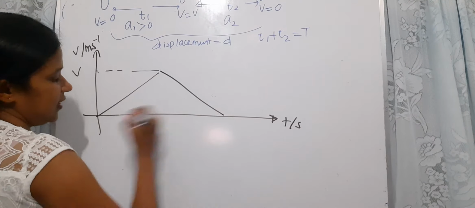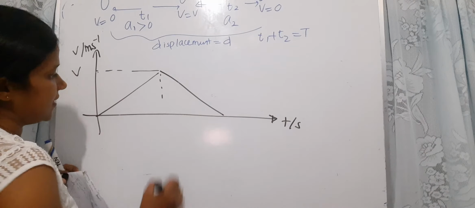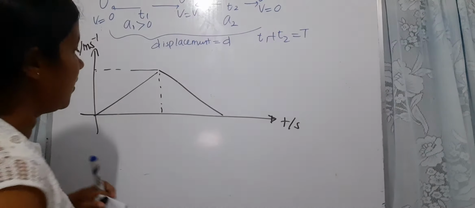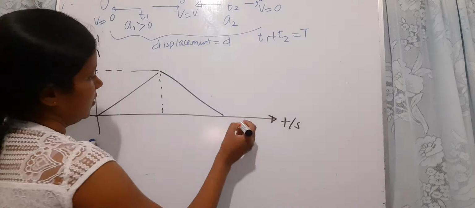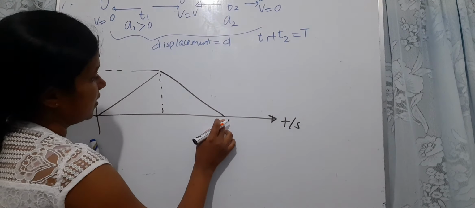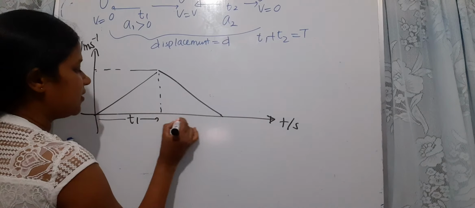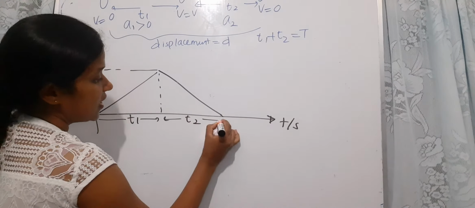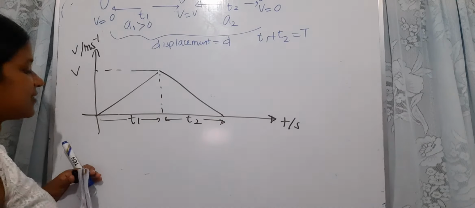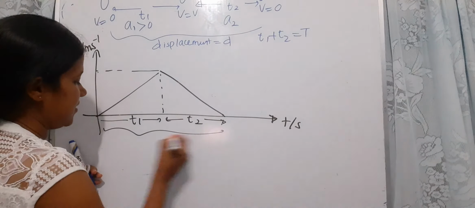Then it completes its journey with a retardation. Then velocity here is 0. This time duration is t1. This time duration is t2. I have taken it like this.